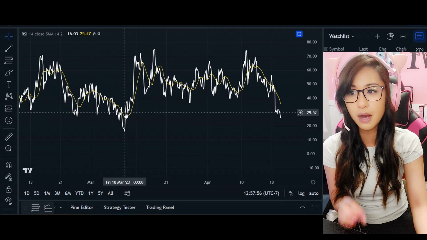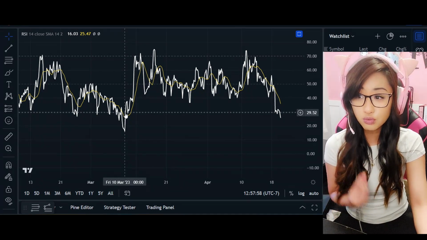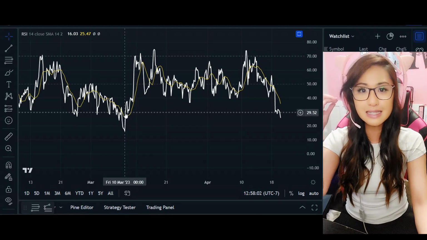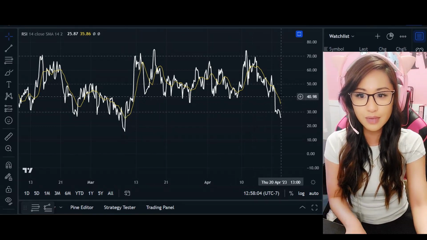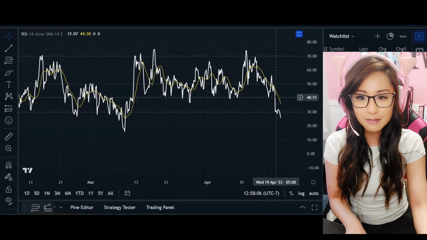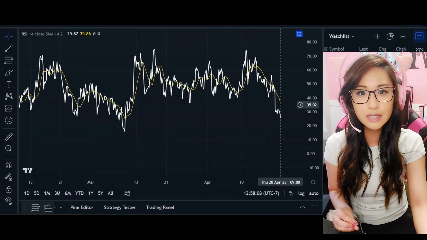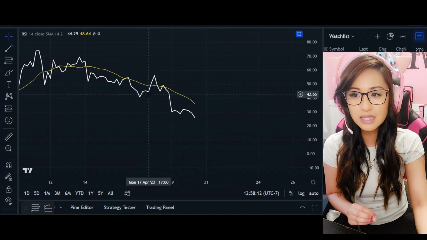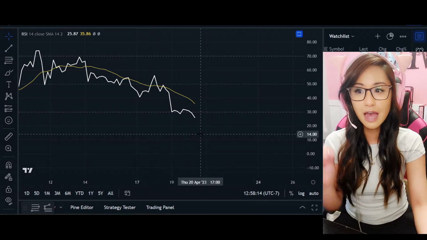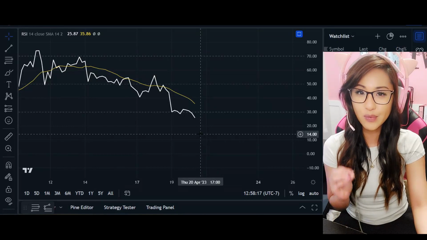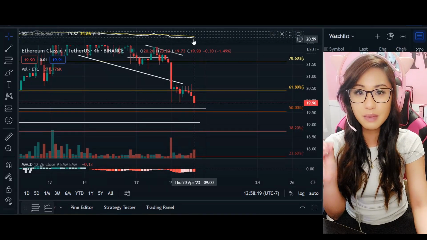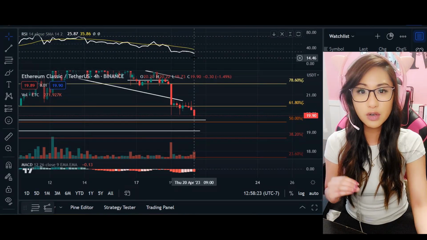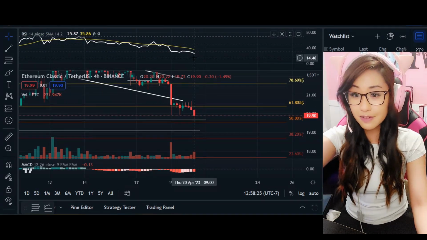So we could possibly see the RSI drop for Ethereum Classic on a 4-hour time frame as low as the 16% here. And we can see our D line itself is coming down, and that will initiate that cross or that buy signal as soon as we see the white line cross above. The only time we're going to see that reversal is if we see that our RSI itself is going to cross above that D line, give us that buy signal.